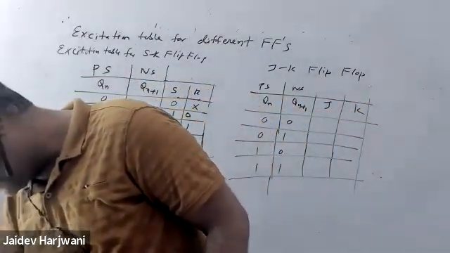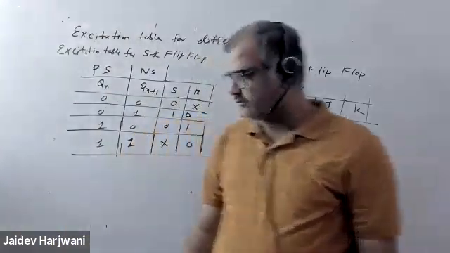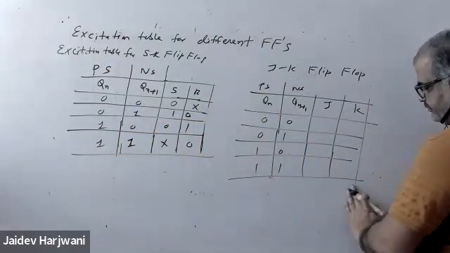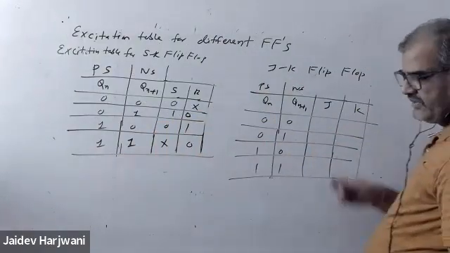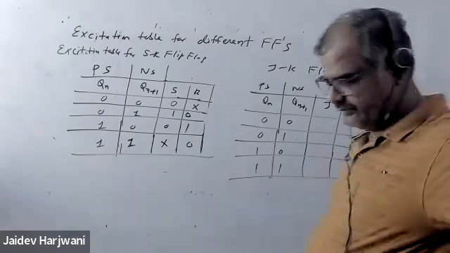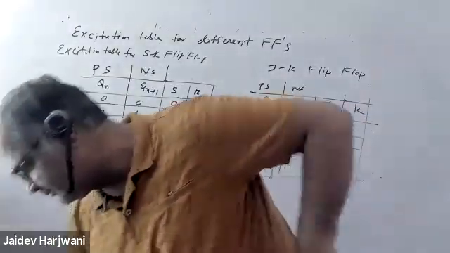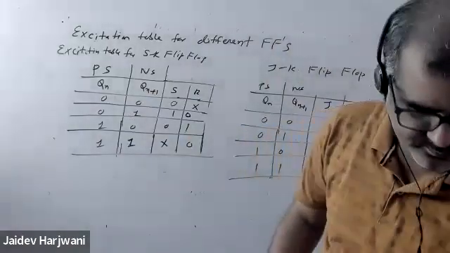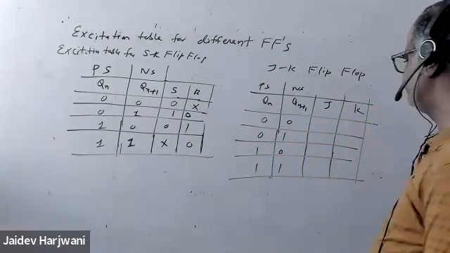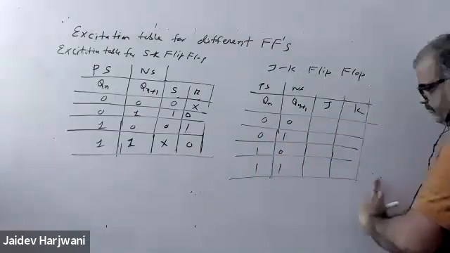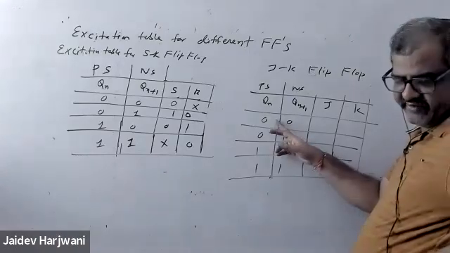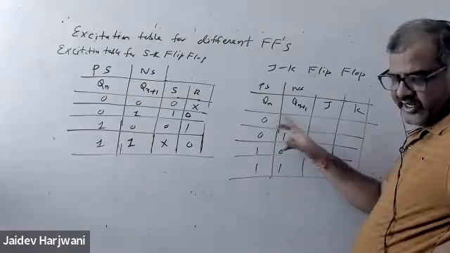SR, D and T. Okay, tell me the variables. So in JK flip flop, the 00 condition happens when?